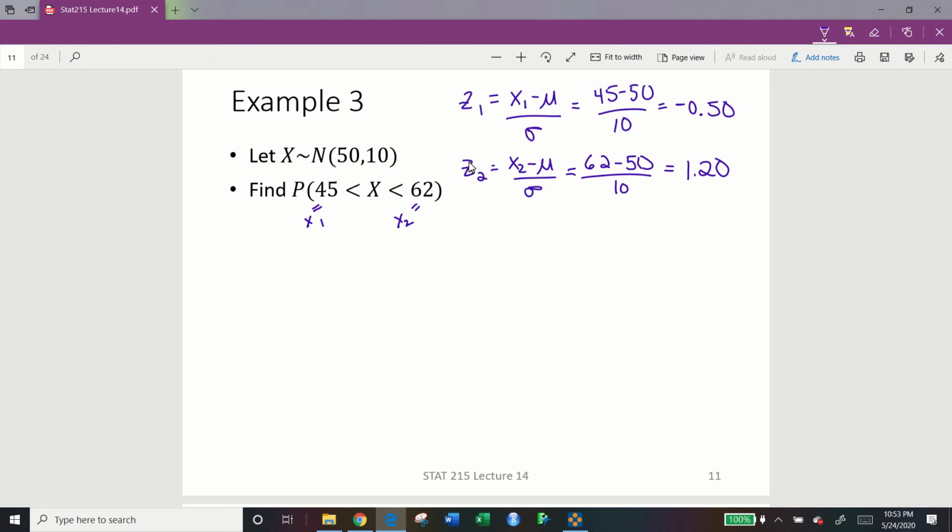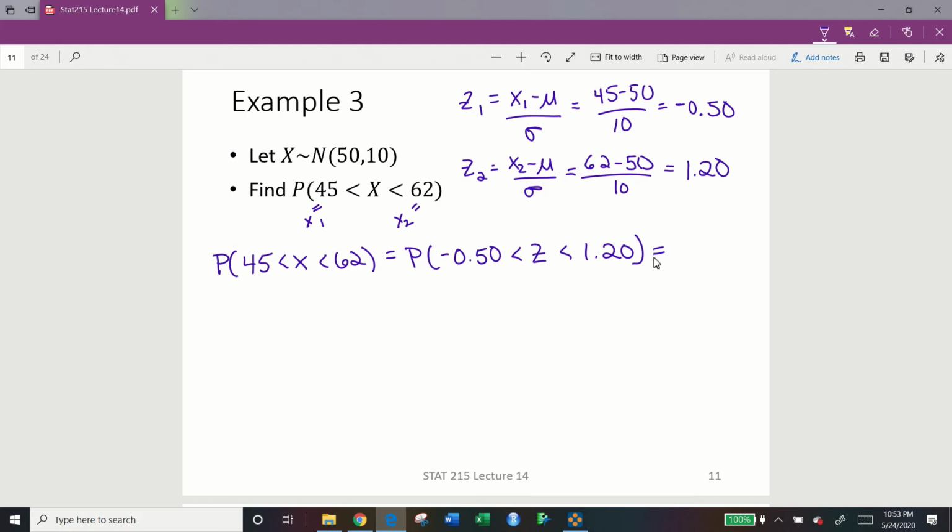So for us, this means that the probability of 45 less than x less than 62 is now equivalent to the probability of negative 0.5 less than z less than 1.2.